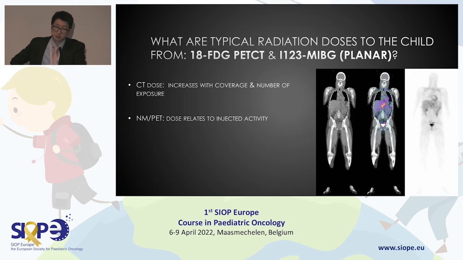But when it comes to radiation doses from the investigations, it is important to realize that if you're using CT as part of your hybrid imaging, your CT dose increases with the coverage, and it increases per exposure. Here I've got a PET-CT covering from vertex to the feet. Every inch of your body length, going from top to feet, you're adding extra radiation because you're blasting the CT.